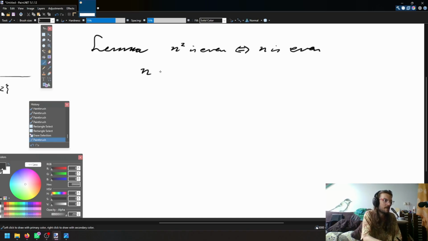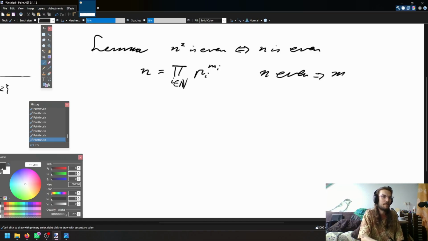So n can always be written as a collection of, and I'm going to use some fancy mathematical notation, if you don't know this, just ignore it. n is the product of some prime numbers p_i to the power m_i, where m_i is the multiplicity of the prime number p_i, and then if n is even, n even implies that m_2 is larger than or equal to 1.